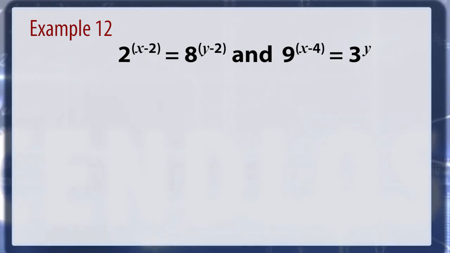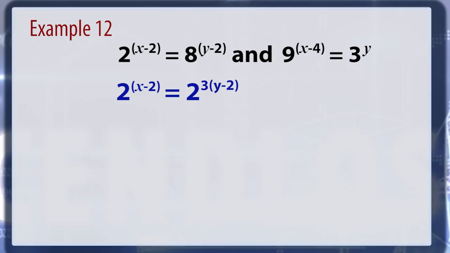We are going to consider the first equation. Try to make the bases the same and equate the exponents. So we have 2 raised to the power x minus 2 is equal to 2 raised to the power 3 all to the power y minus 2. Now, once the two sides are equal, we can equate the exponents.